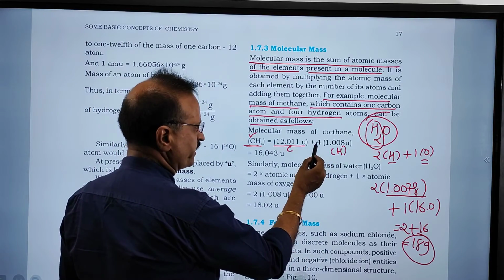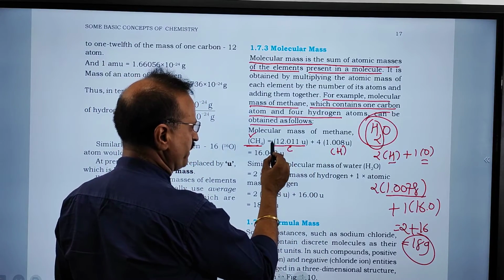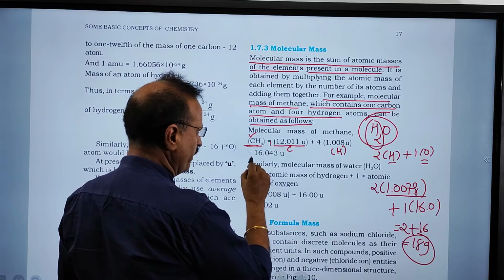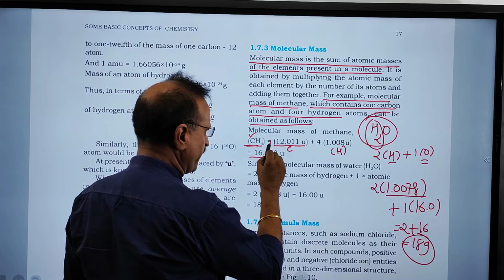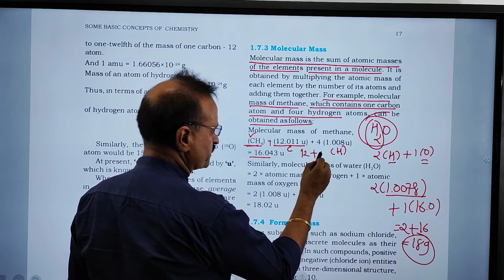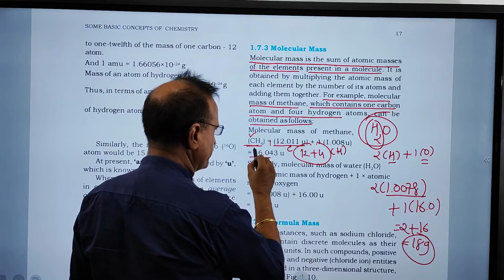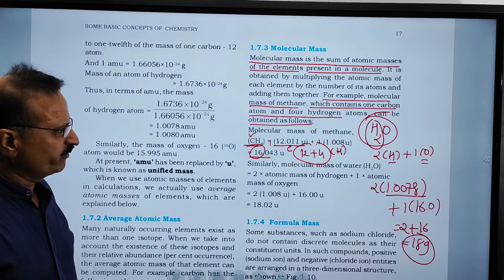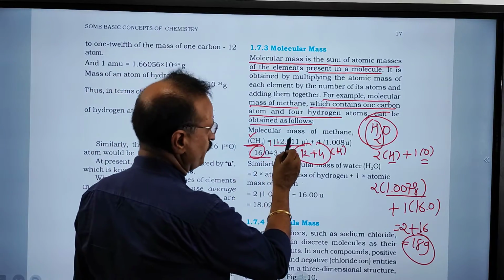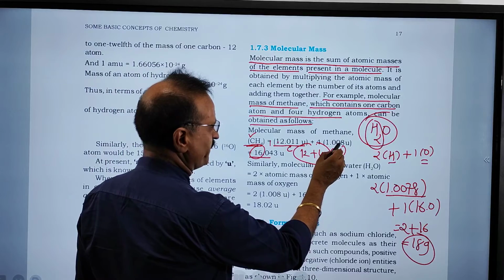So this is multiplied by 4 and this is multiplied by 1. So the total molecular mass: 12 ones are 12 plus 4 ones are 4.